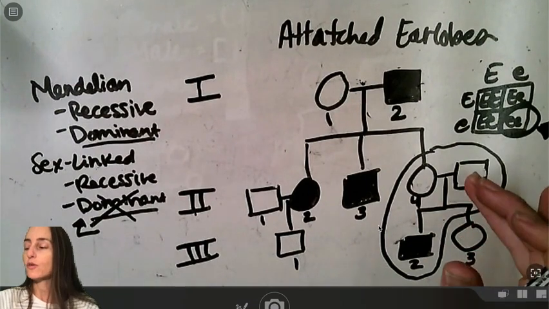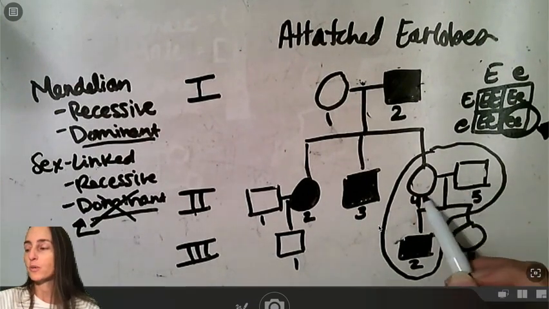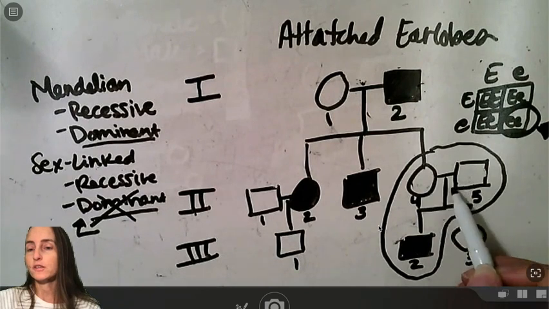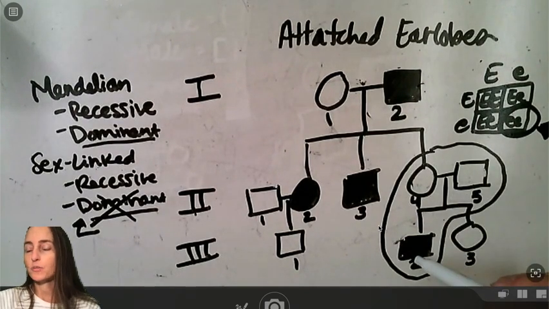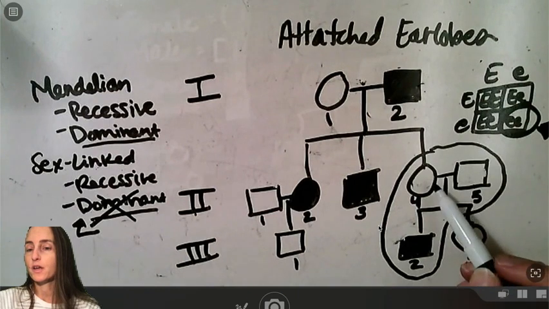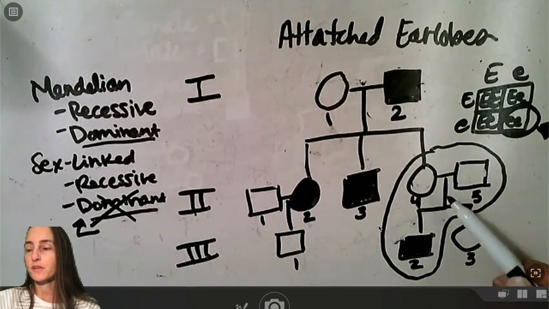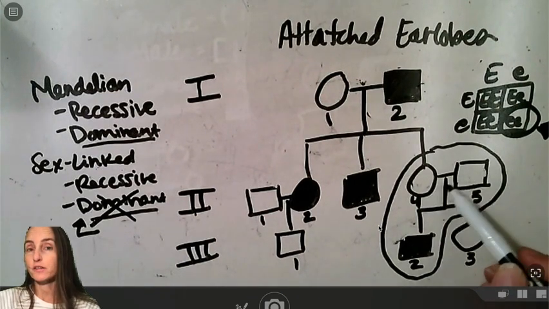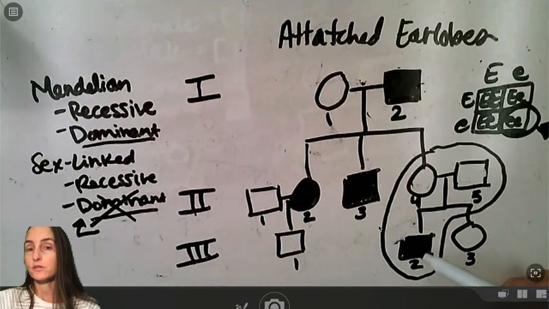Because what you're looking for is two parents that are the same phenotypically, and they have a kid that's phenotypically different from them. That child is recessive, because the only way parents that look the same can have a child that's different from them is if they are carriers, or heterozygous, and the child is the recessive.